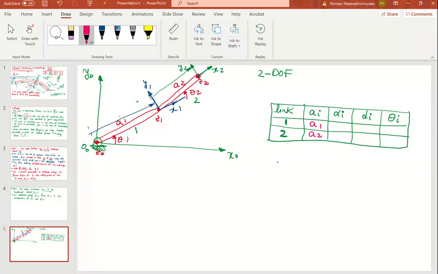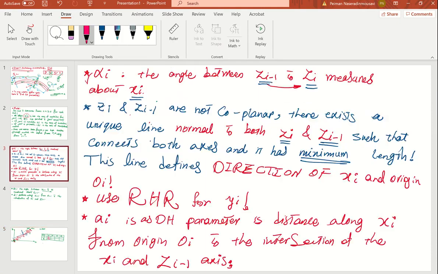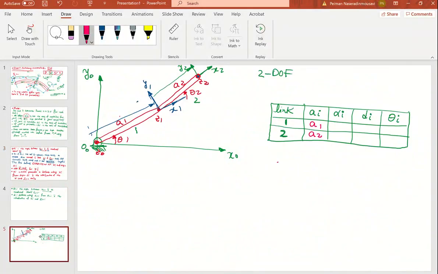That's why I wrote in the previous pages that it is the length of the link. So for this specific planar robotic system, it is valid. Okay. So alpha i, based on the definition, is the angle between z(i-1) and zi. We are not blind: z0 is out of the page, normal to the page; z1 is out of the page; z2 is out of the page. So what is the angle between them? Three parallel lines, zeros.